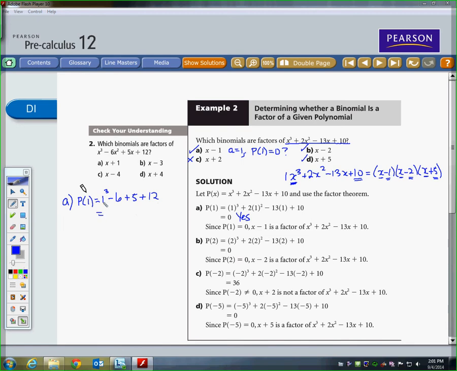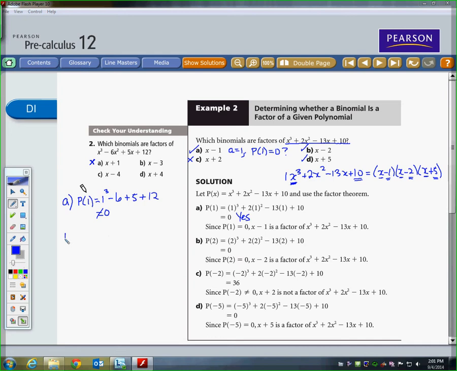So 1 plus 5 plus 12 is 17. 17 minus 6. You know what? All I got to do is figure out whether or not it's equal to 0. I don't actually have to figure out the remainder, because I'm not interested in the remainder. All I need to know is, is the remainder 0? And if the remainder is 0, it is a factor. Since this remainder is not equal to 0, this is not a factor. So that one's not a factor.